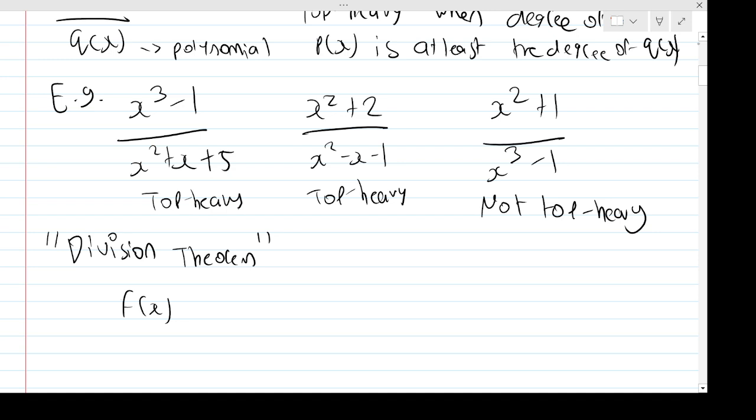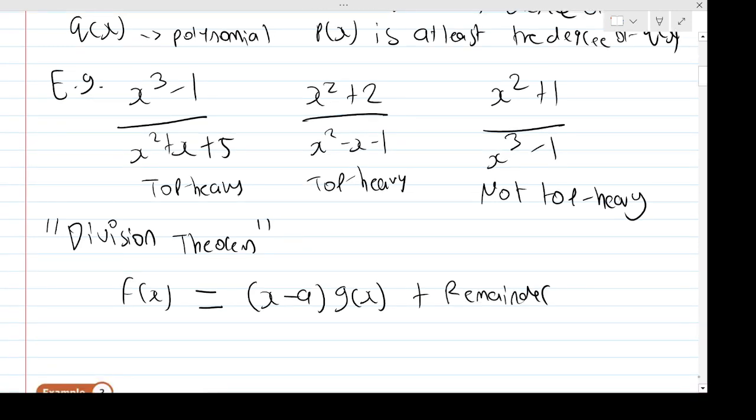So if we have a function f of x, which is polynomial, and we divide it by a linear term, x minus a, say, but I'm going to leave it as f of x for now, well, we can break down any polynomial to say x minus a, a linear part, times another function g of x, add a remainder there, okay? And you'll see how that makes sense in a minute.